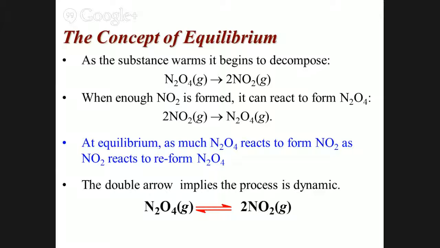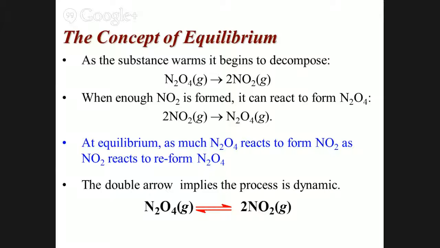Now, what I mean by dynamic is, if we go back to the very beginning, we said it looks like nothing's happening. Nothing's changing. That does not mean the reaction stopped happening. It's happening. It's just that the forward and reverse reactions are exactly at the same pace, the same rate.